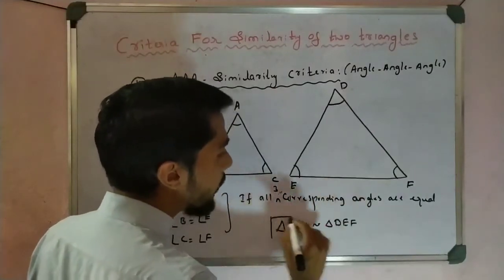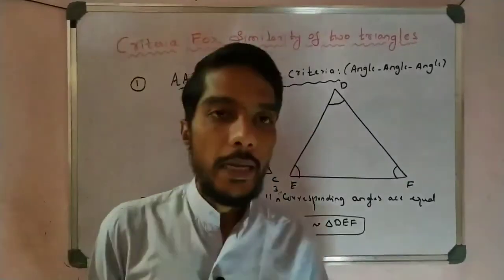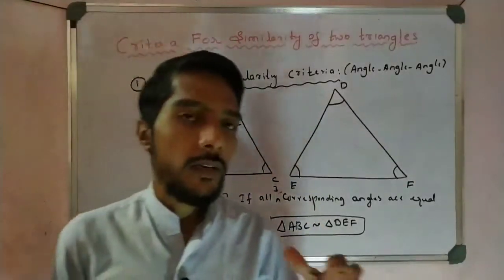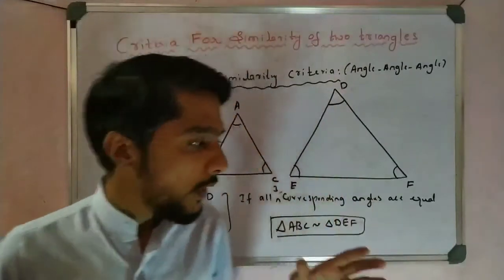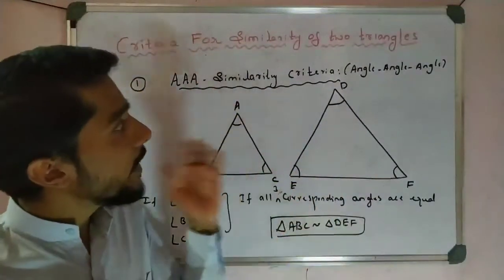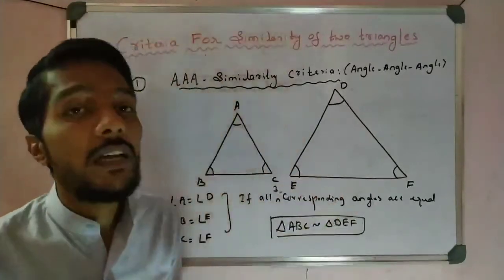This simple concept you have to remember, we use it in problems where we want to prove that the given triangles are similar or not. So we use this theorem, AAA, and check whether the three angles are equal or not.